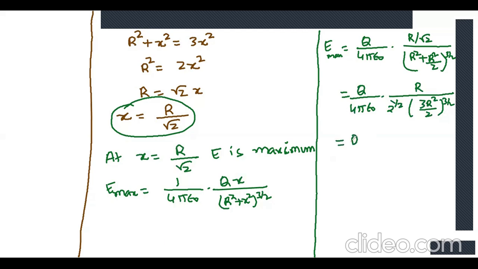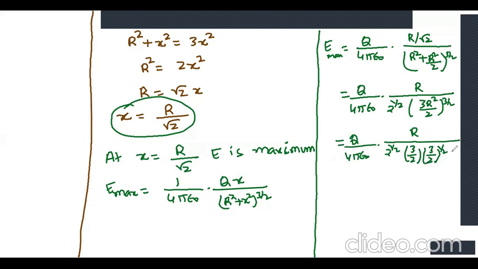So it is Q by 4 pi epsilon naught into r by 2 power half, over 3 by 2 whole power 3 by 2. I'm writing as 3 by 2 into (3 by 2) whole power 1 by 2. (r square) whole power 3 by 2 means r cube. This 2 power half and this 2 power half cancel.